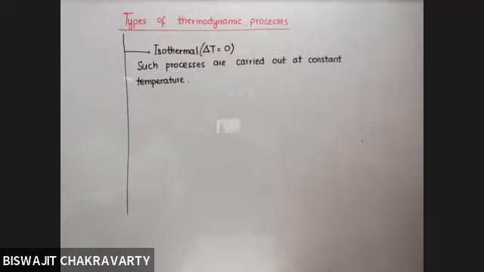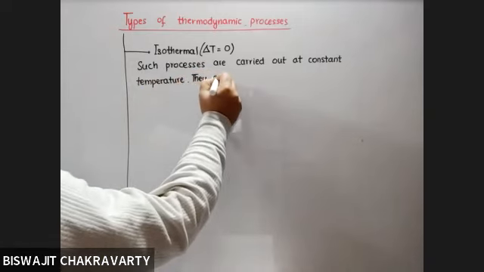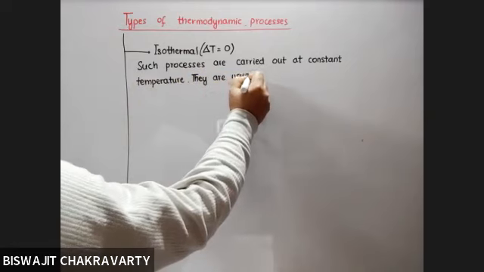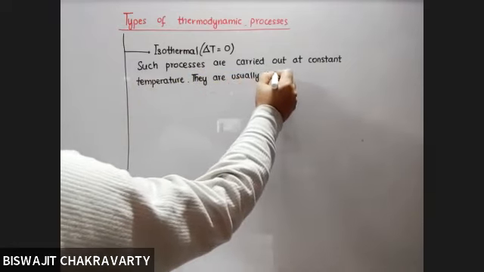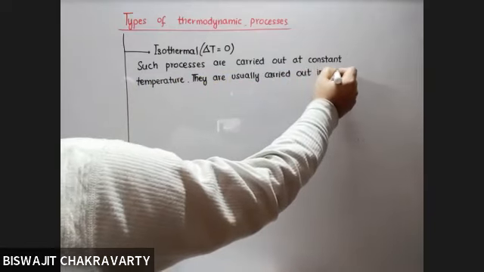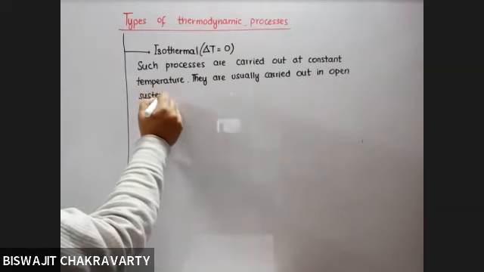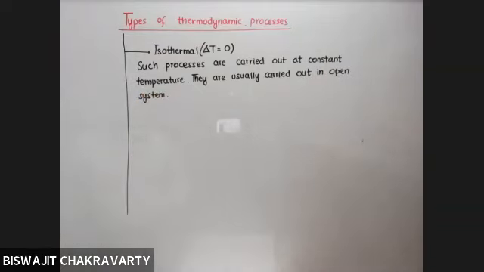So change in the temperature should not be there, and that is why we write delta T is equal to 0. Such processes are carried out at constant temperature. They are usually carried out in open system. And in open system, as you know, both matter as well as energy can be exchanged with the surroundings.